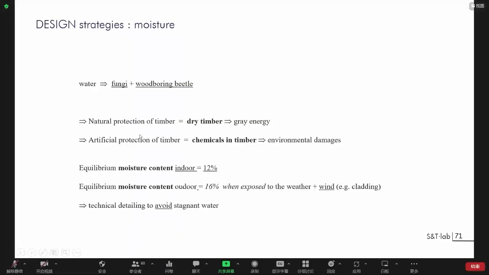Or you can use an artificial protection for timber and not dry it, so you will have cracking appearing. And in this case, you have to put some chemical on the timber, and it will have an influence in terms of environmental damage. So you have to make up your mind about all this.